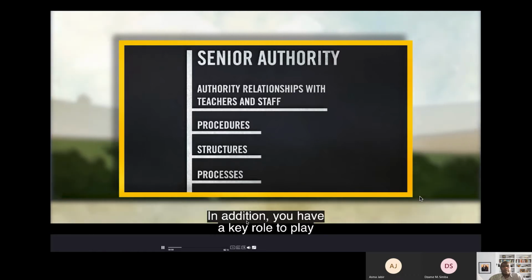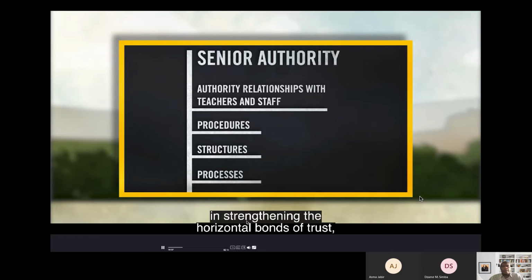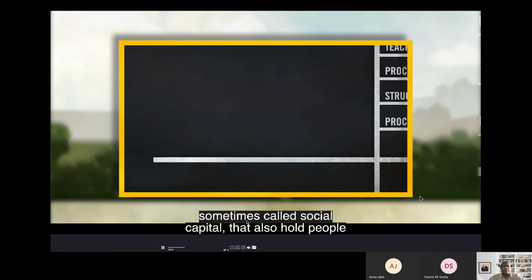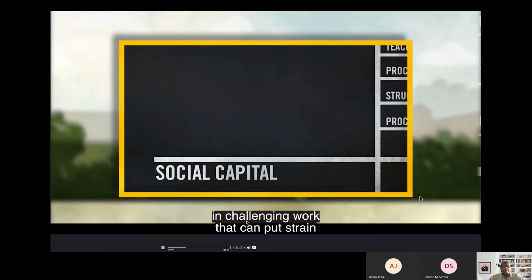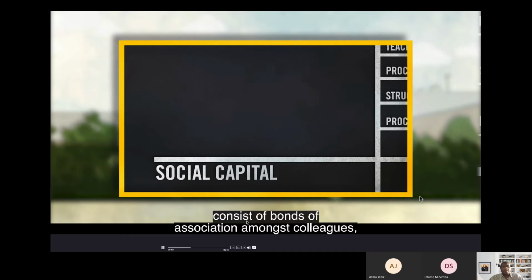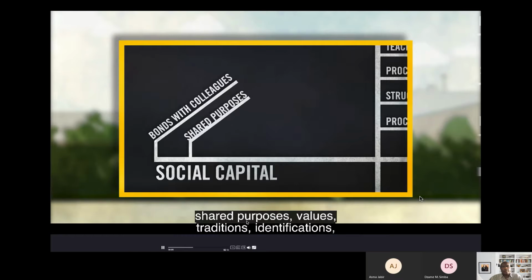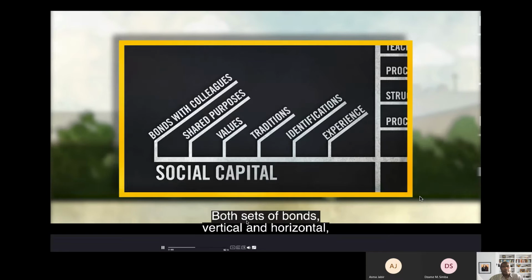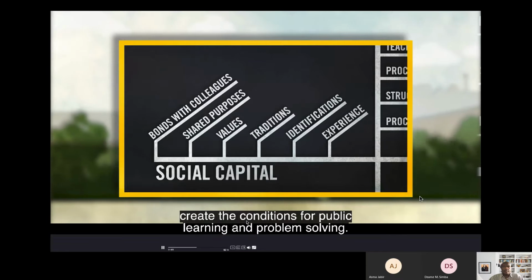In addition, you have a key role to play in strengthening the horizontal bonds of trust, sometimes called social capital, that also hold people in challenging work that can put strain on these very relationships. These horizontal or lateral sources of cohesion consist of bonds of association amongst colleagues, shared purposes, values, traditions, identifications, and experience. Both sets of bonds, vertical and horizontal, create the conditions for public learning and problem solving.